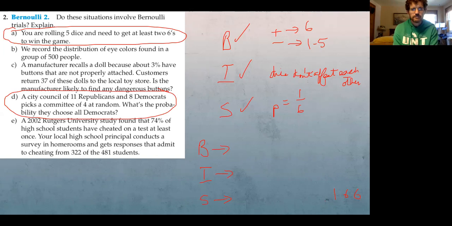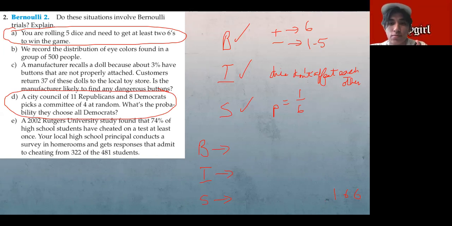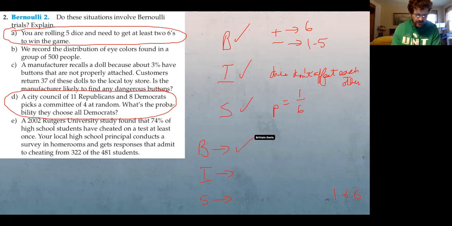Is it binary? Yeah. And here we know that a success for this problem, the way they're asking it, would be a Democrat. Failure would be a Republican. They're asking for all Democrats. So that's where we get that. Independent. Are these independent?